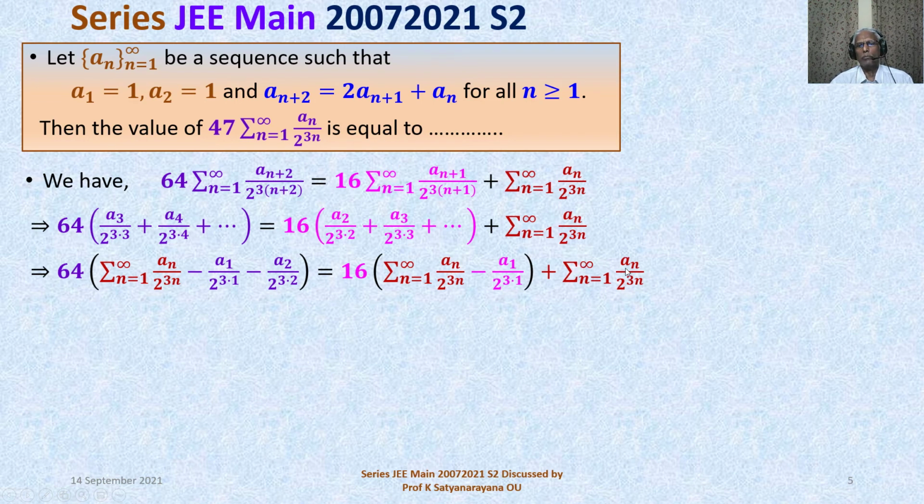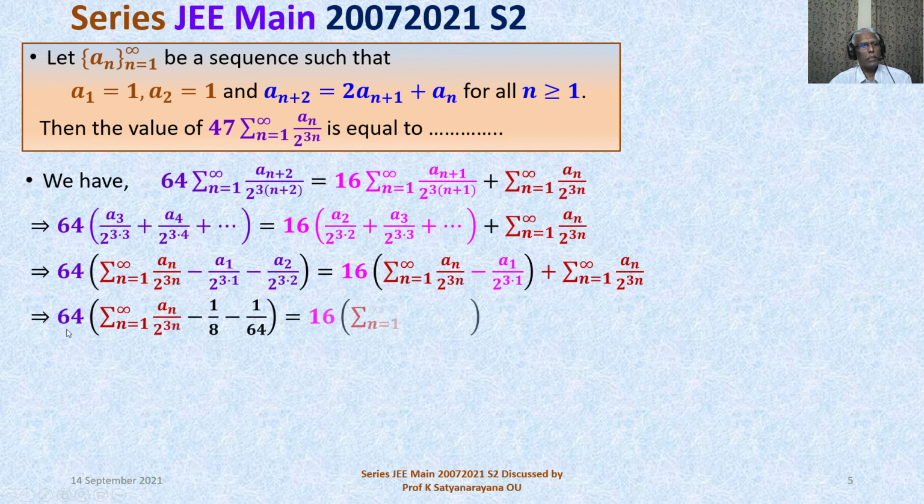Sigma n equal to 1 to infinity a_n by 2 power 3n, take the common. That will be 64 times sigma n equal to 1 to infinity, this series, minus a1 is 1 by 2 cube, that is 8, minus a2 is 1 by 64, is equal to 16 times the series minus a1 by 2 cube, that is 8, a1 is 1 by 8. So now collect these terms, sigma n equal to 1 to infinity.